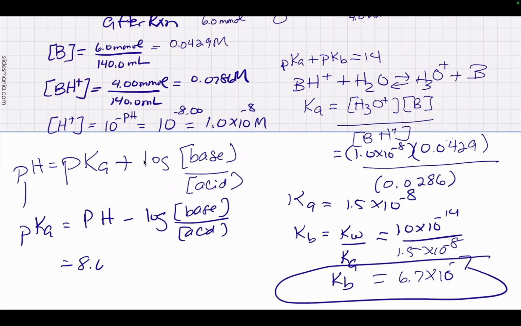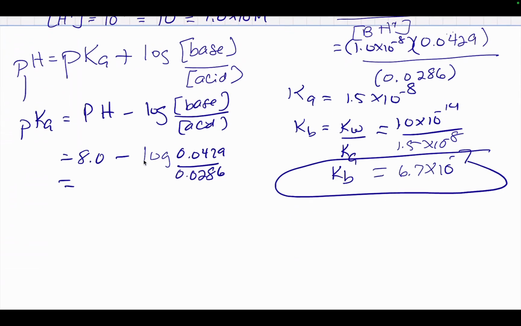So 8 minus the log of the base molarity, 0.0429, over the acid, 0.0286. It's hard to read up here, isn't it? If I do that, I should get the same answer.